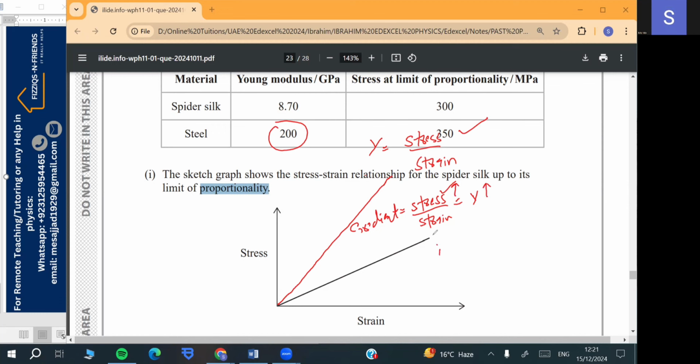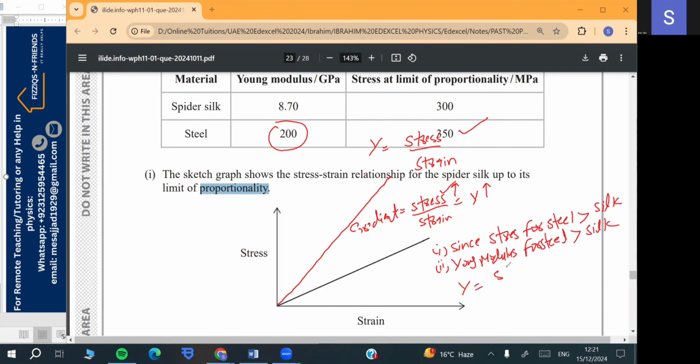So you will write: since stress for steel is greater than silk and Young modulus for steel is greater than silk.